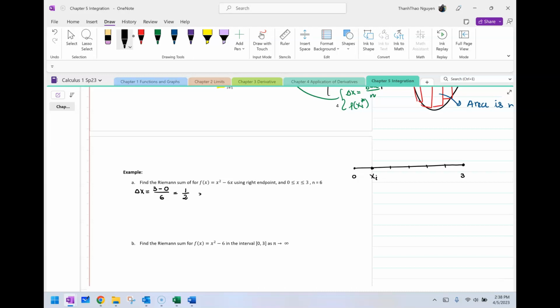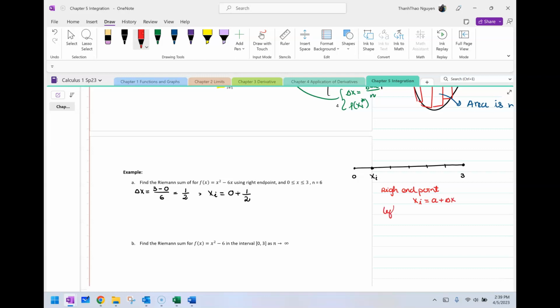Each x sub i is equal to the starting point plus 1/2, because this is our right endpoint. Make a note: for the right endpoint, x sub i equals the starting point plus delta x.